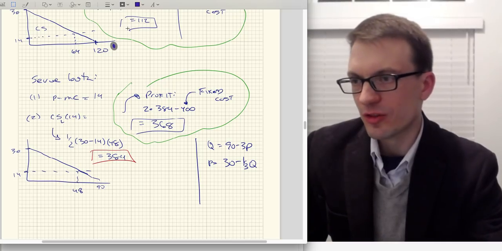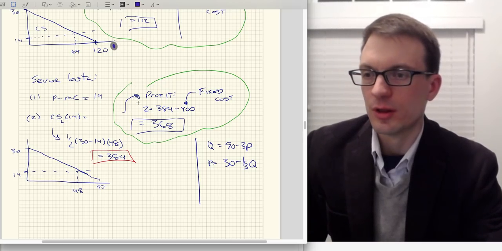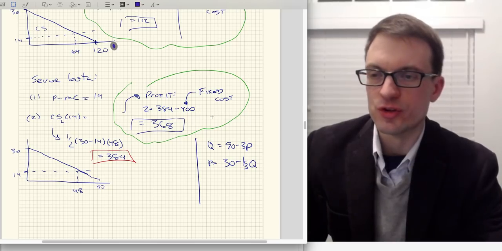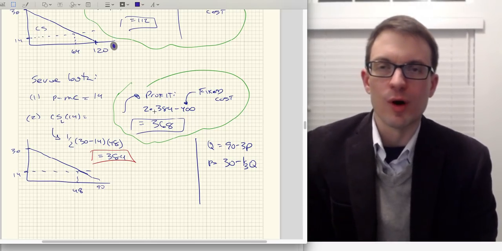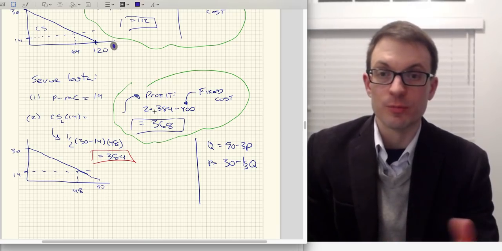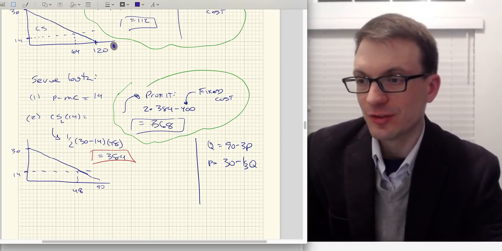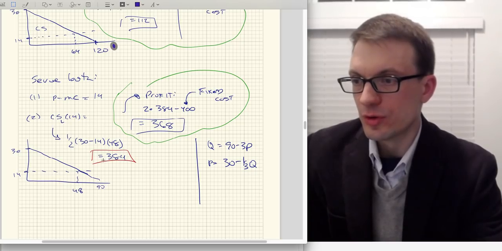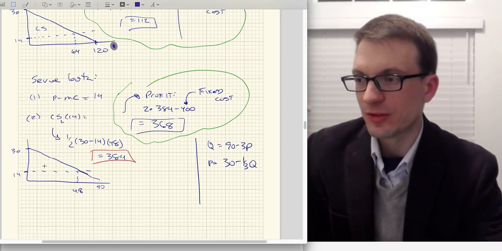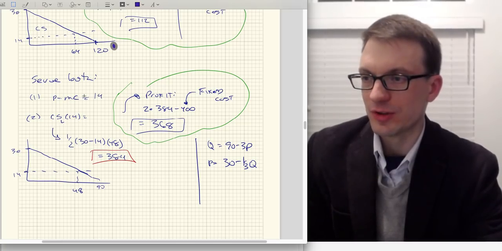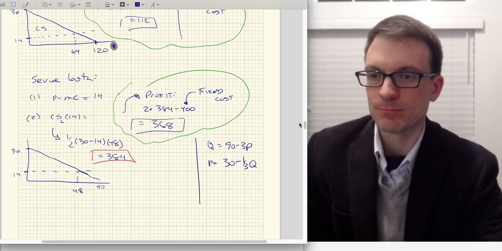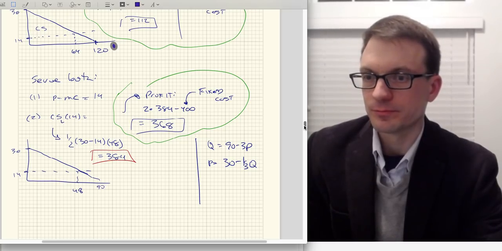That's better than 112, so this is at least in the direction of what we'd want. So for part A, you'd want to sell to both groups with the access fee equal to 384, based on the consumer surplus of our low valuation consumers at the price equal to marginal cost of 14. So that was part A.